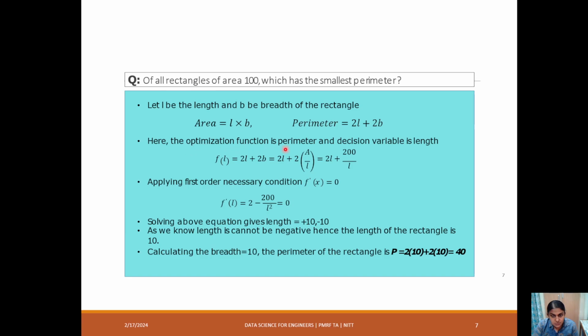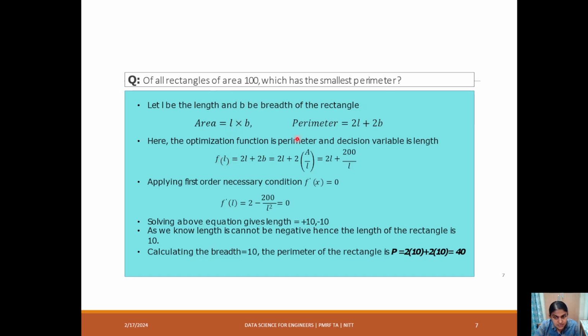Then the optimization function, what is asked? Which has the smallest perimeter. So the optimization function is the perimeter, and the decision variable is length.